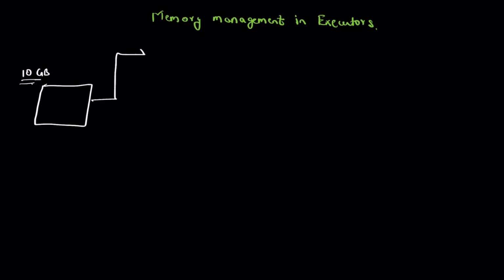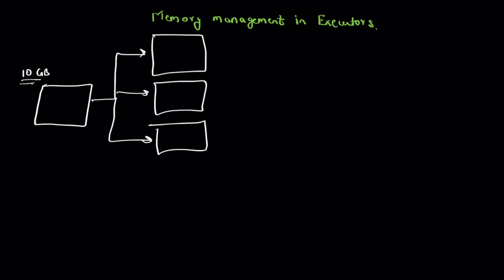And let's say we have three executors, E1, E2, E3 of 20 GB each. So this is the architecture of Spark.